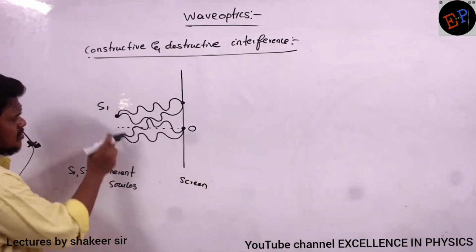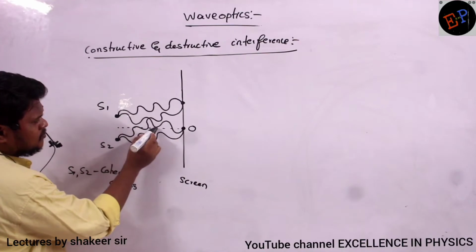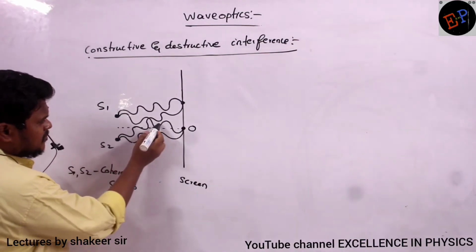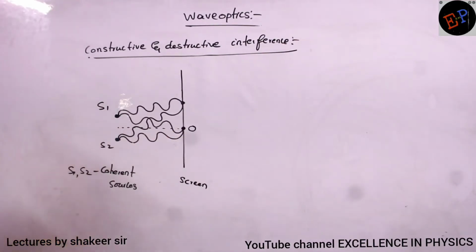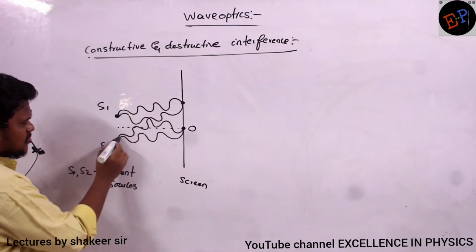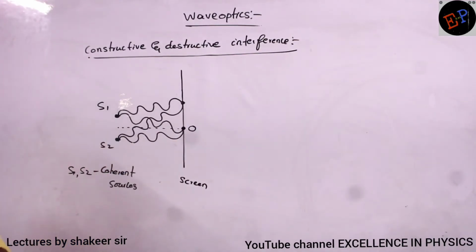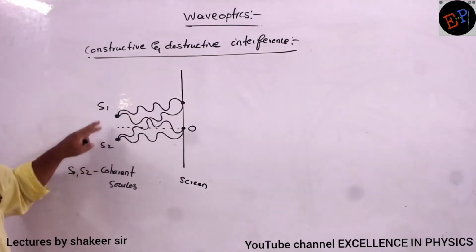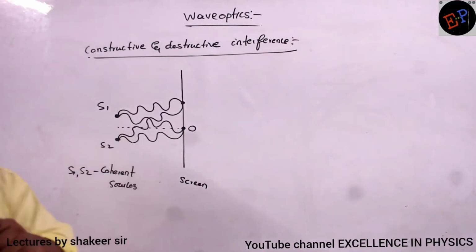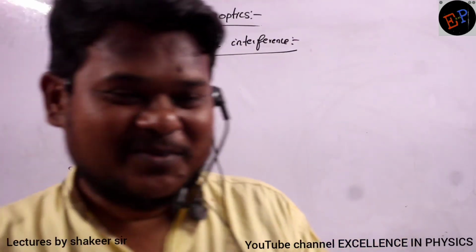So from this source up to here, this point, 1 wave, 2 waves, 3 waves. 3 waves have reached, no? Now from this point again to the point O, this source. So 1, 2, 3. Okay? If 3 waves are reaching from source S1 and source S2, then again what do you understand? ఇప్పుడేం అర్థమైంది మీకు?